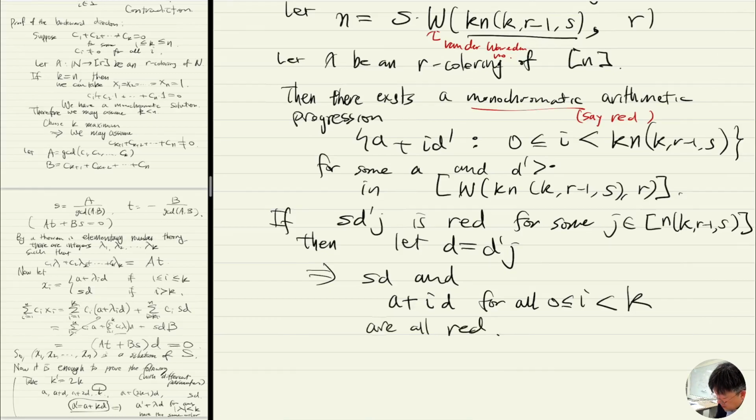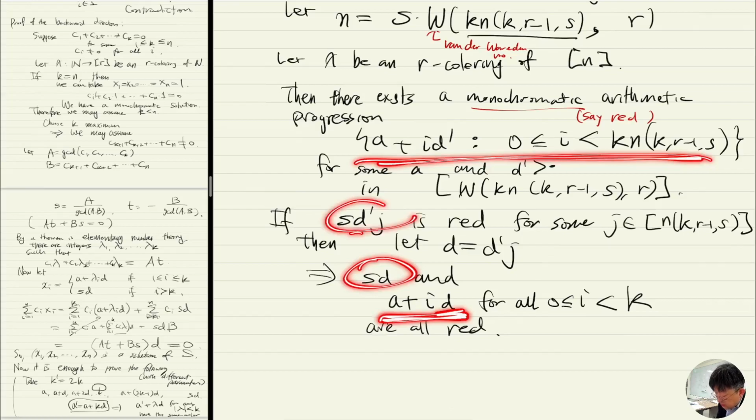All red, right? Why? Because this is actually a subsequence of that. So everything here was red, so this is red, and this we chose it to be red.